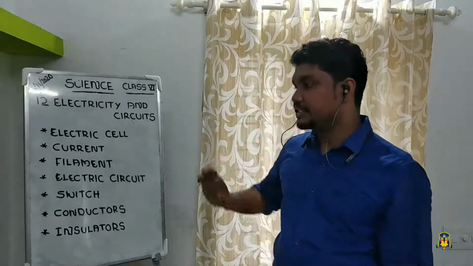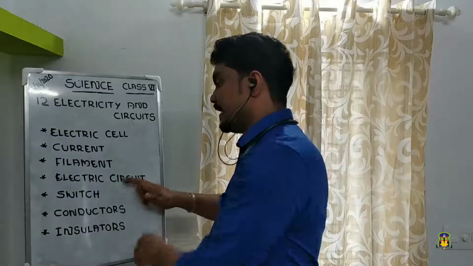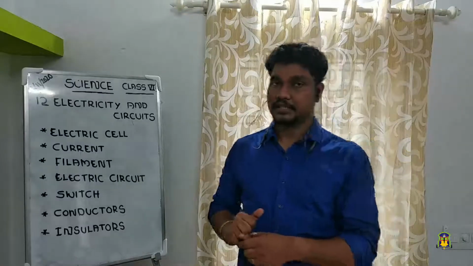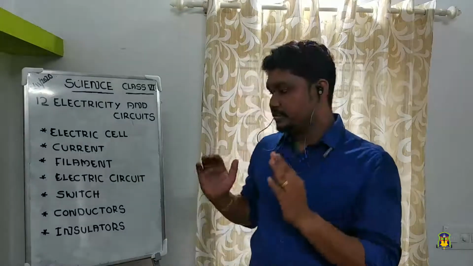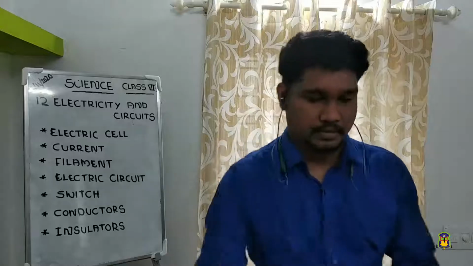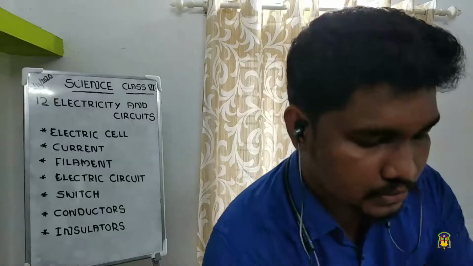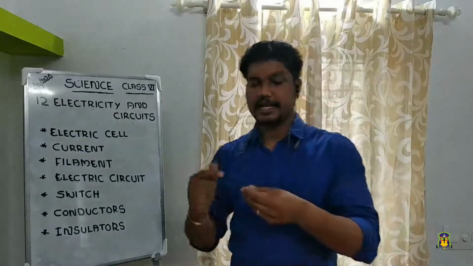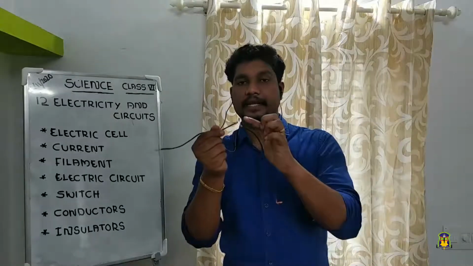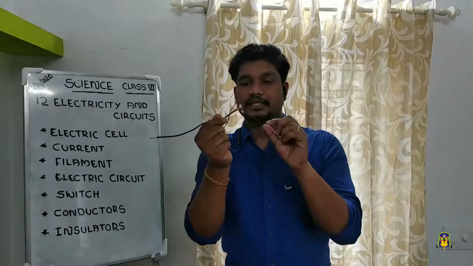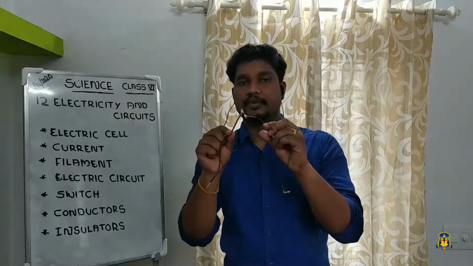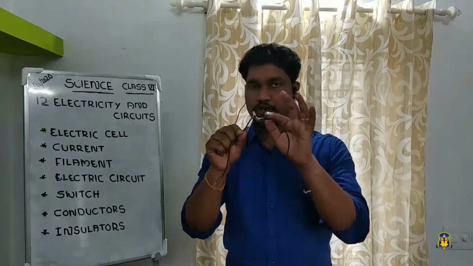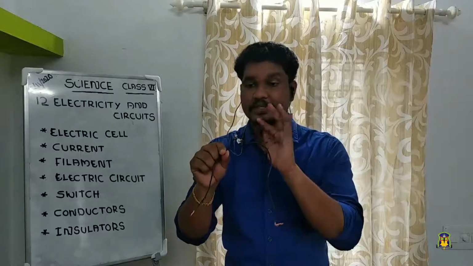And the next one is very important, that is the electric circuit. What is meant by an electric circuit? First I will show you. This is an LED bulb, and I connected this LED bulb. In the LED bulb also, positive and negative terminals are there.